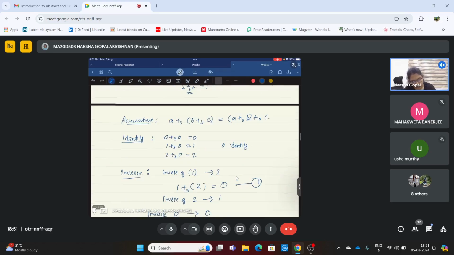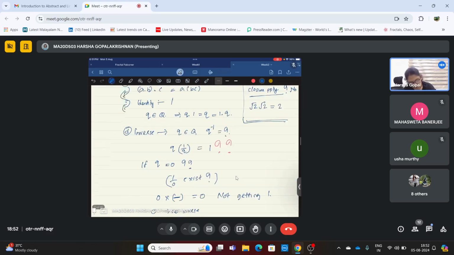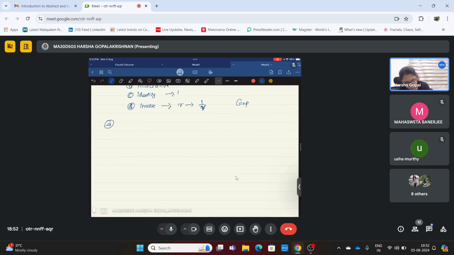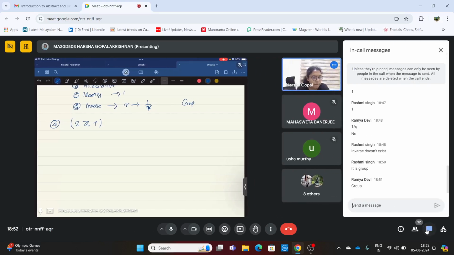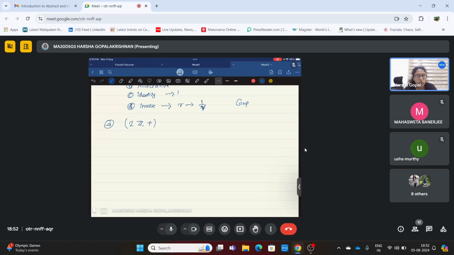Now let us very quickly go through the fourth one also. 2Z plus. Any idea what is 2Z? Is abelian group.